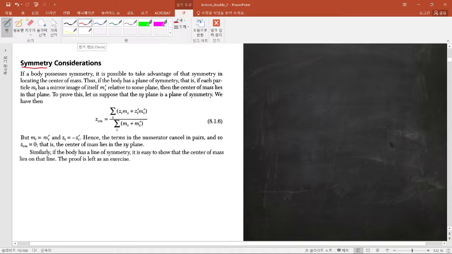So let's see. If a body possesses symmetry, it is possible to take advantage of the symmetry in locating the center of mass. So this is the first example. If the body possesses a plane of symmetry, then each particle mi has a mirror image of itself mi prime relative to some plane. Then the center of mass lies in that plane. Here it is proved. So you have some plane here.